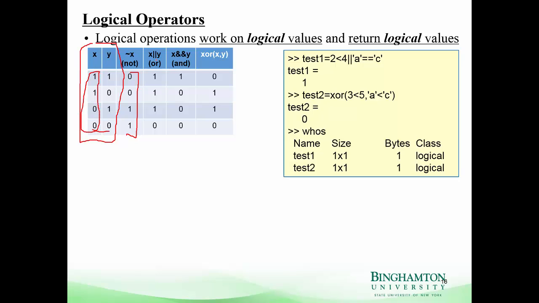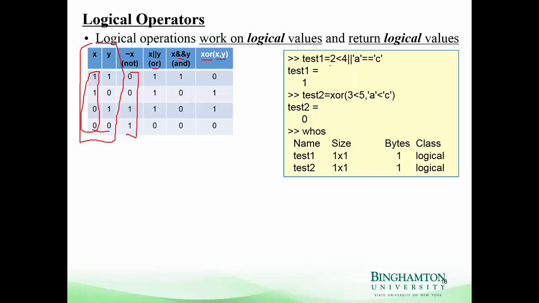The double bar, just typing the vertical bar twice in between x and y, gives us the OR function. And then using double AND gives us the AND function. And then to get XOR, we have a named function that takes the two variables as arguments.